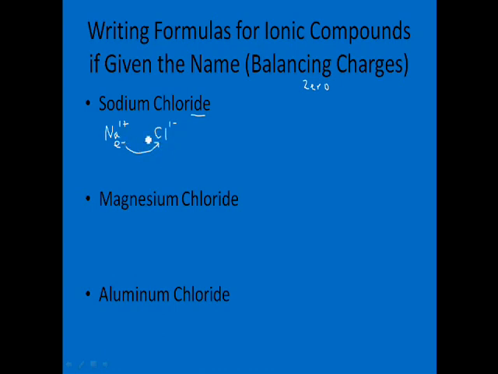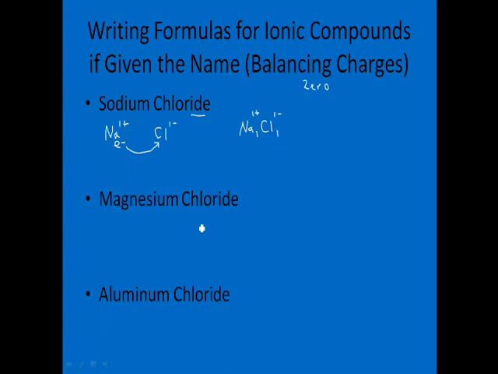So the ratio here really is 1 to 1. So if I look at it, it's going to be sodium 1 plus. I need one of them. I'm just going to put a 1 down there at the bottom for now. Probably don't need to do that. Chloride is a 1 minus, and I know I need one of those.